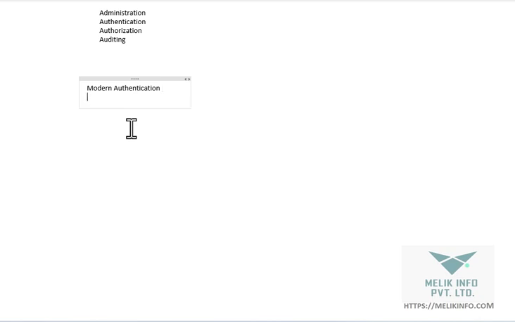if we talk about on-prem, it is Active Directory, and if we talk about cloud, then it is Azure Active Directory, Azure AD.